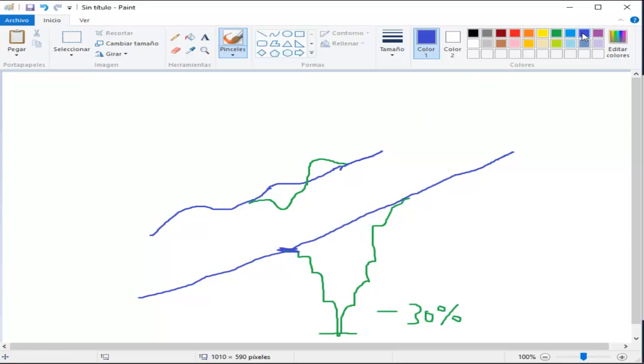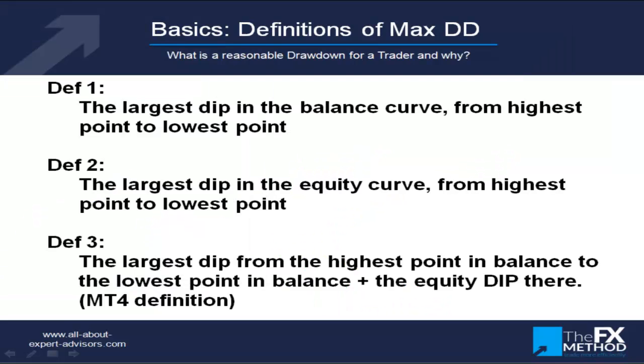And you measure the dip on the worst of both, meaning the worst of the blue line or the green one. That would consider risky systems such as grid systems or martingales or crazy styles of trading like hedging and stuff. So that's the second definition: the largest dip from the highest point in the blue curve to the lowest point in the green curve.